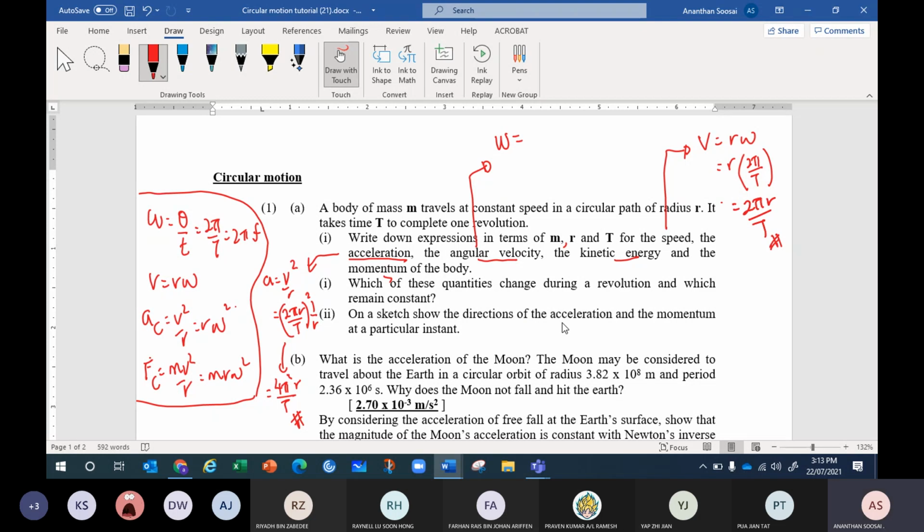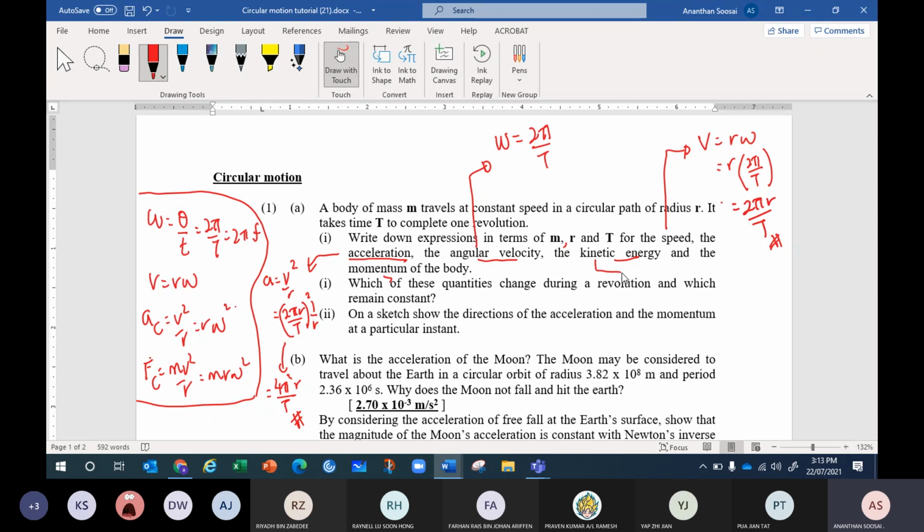What formula do you get? Omega is 2 pi over t. I think straight away you can give the answer, right? So angular velocity is 2 pi over t. Just divide by the period. Okay.